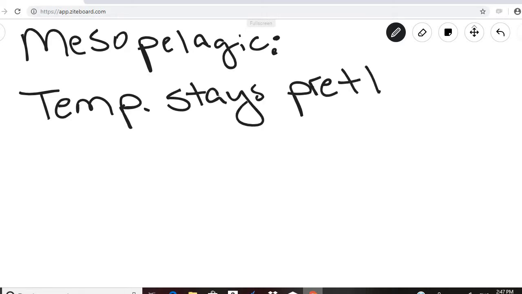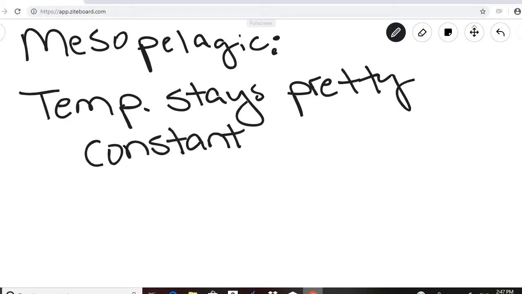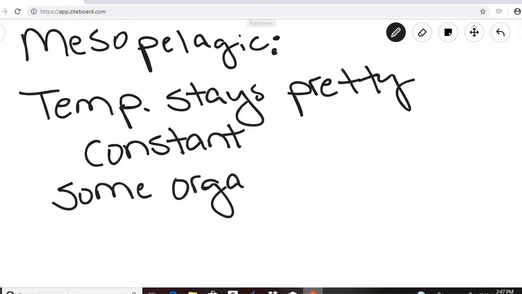However, in the mesopelagic region, you do get organisms that will move up into the epipelagic. Remember last time we talked about vertical migration.